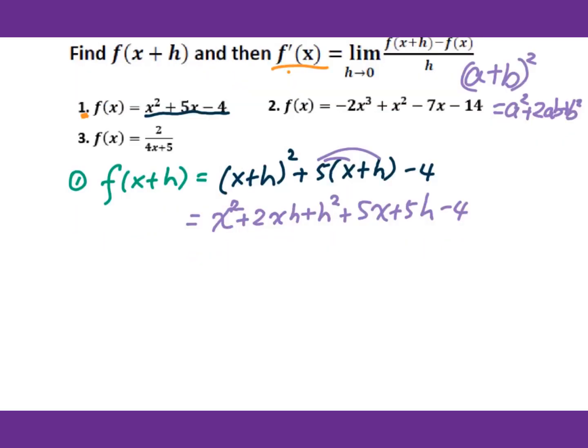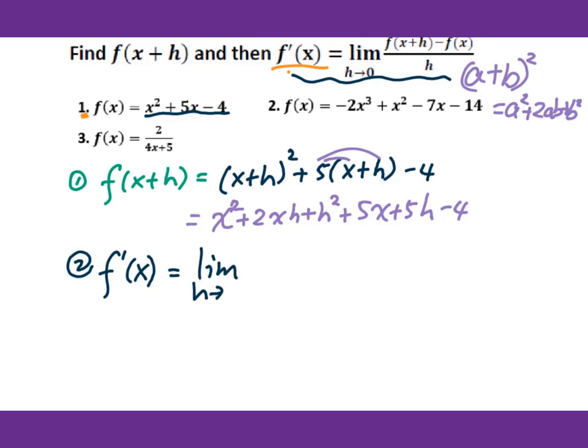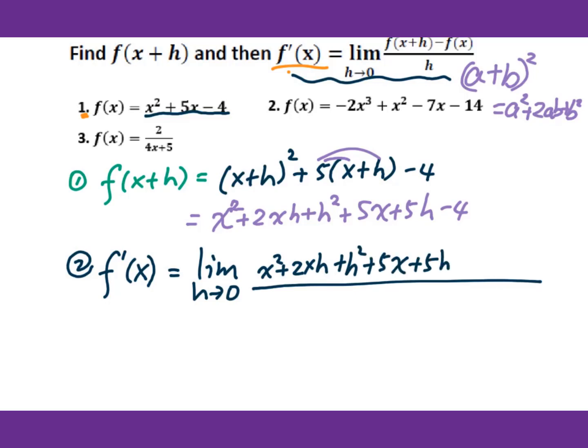Second step, you can just plug into this formula. I have f'(x) equals limit as h approaches 0 of x squared + 2xh + h squared + 5x + 5h - 4, then minus f(x). Negative f(x) means the opposite of f(x), so I need to change the sign for this function.